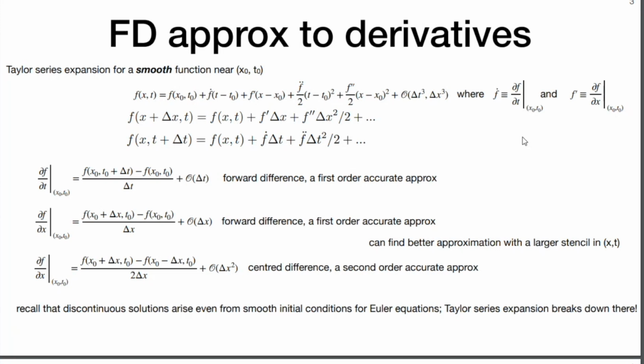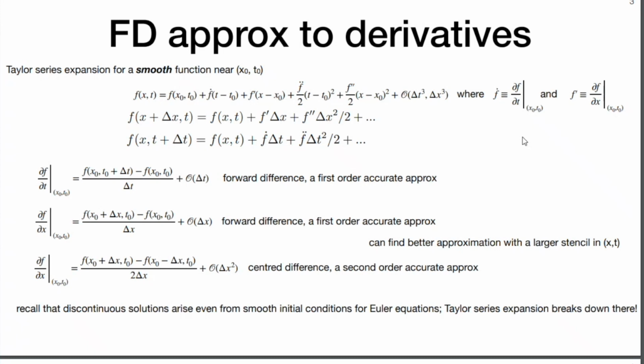Then you'll have these higher time terms. So this minus this divided by delta t is this term, and the first remaining term gives an order delta t error in this expression. So this is the finite difference form.